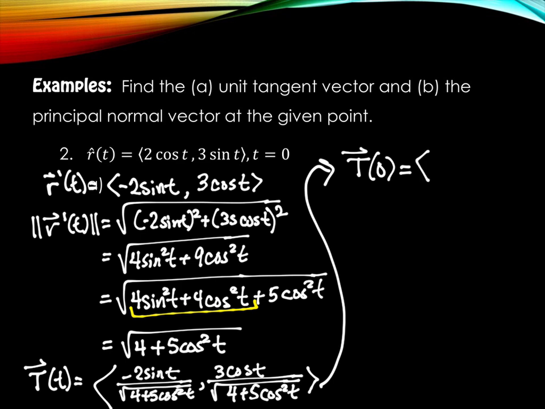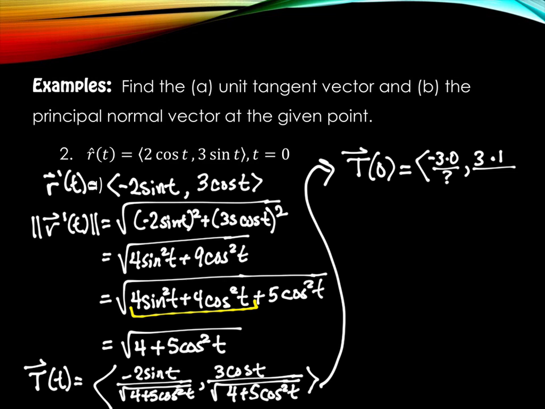Okay, so for these, I'm going to 0 some things out. So this is going to be negative 2 sine t. What is sine of 0? 0. So it doesn't matter what in the world happens down here, right? It's 0 on that first term. That's fantastic. Okay, the next one. Well, it's not 0 because it's cosine. So it's 3 cosine of 0. What's cosine of 0? That one's 1. So I don't have it quite as friendly on the second one.